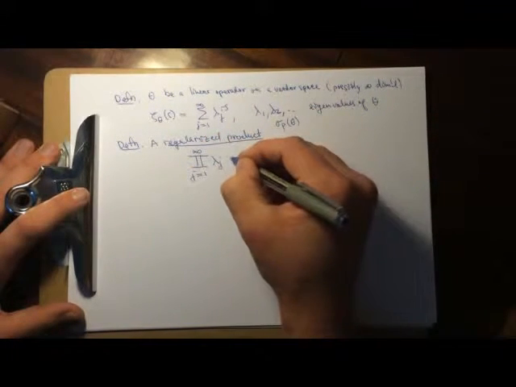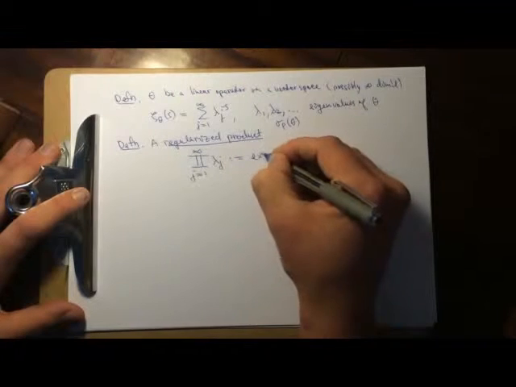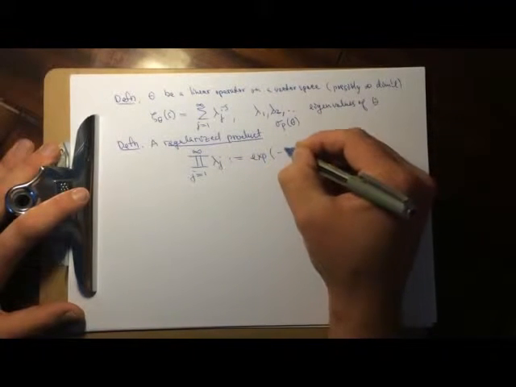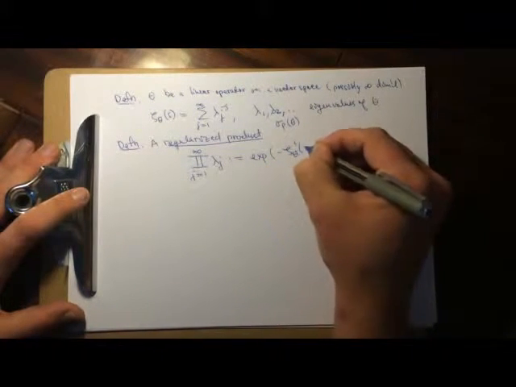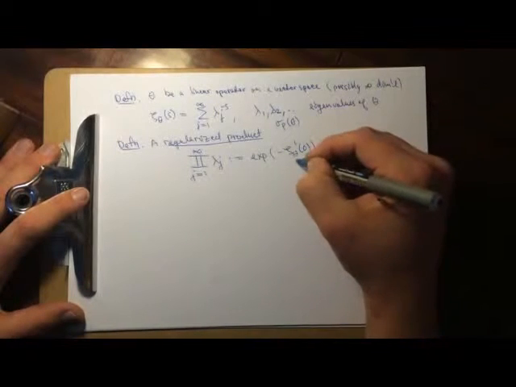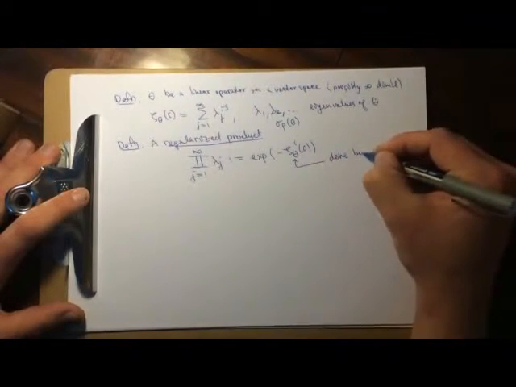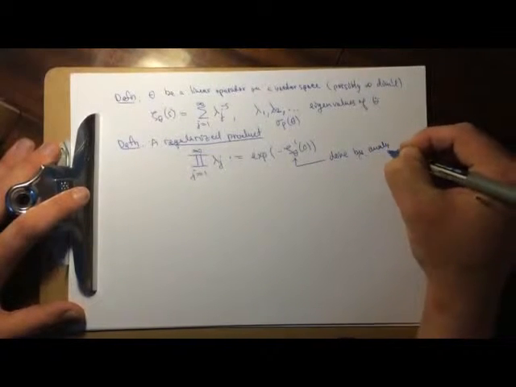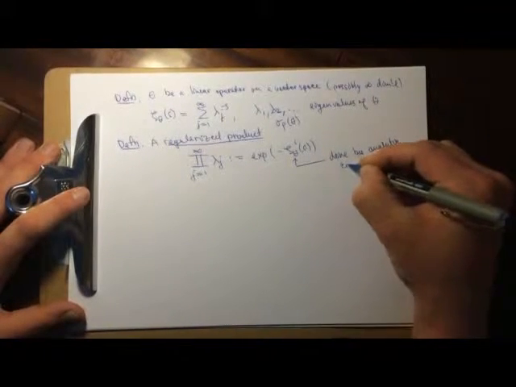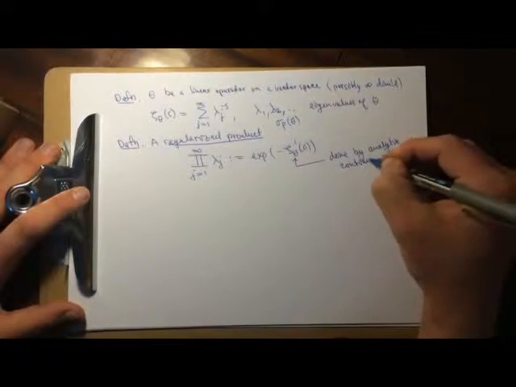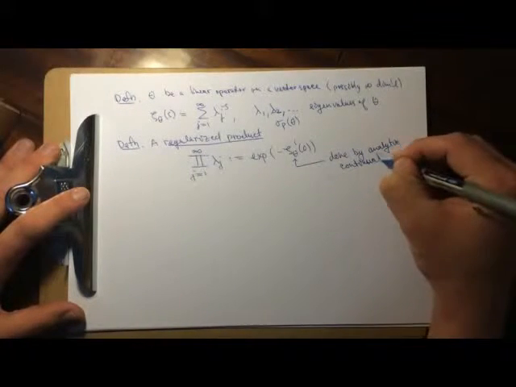It's going to be defined to be the exponential of negative zeta theta prime at 0. And so this is done by analytic continuation, in general, analytic continuation.